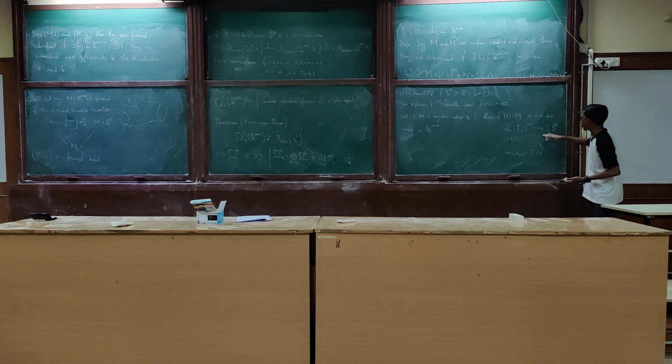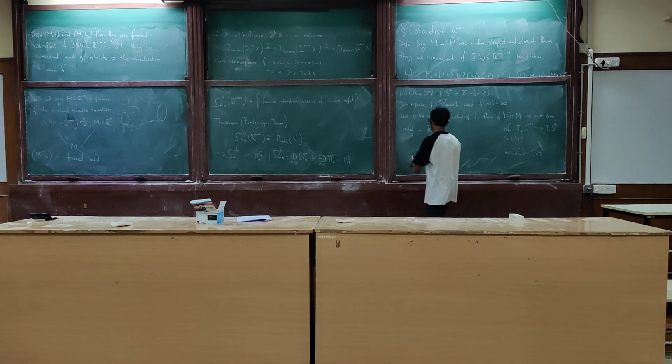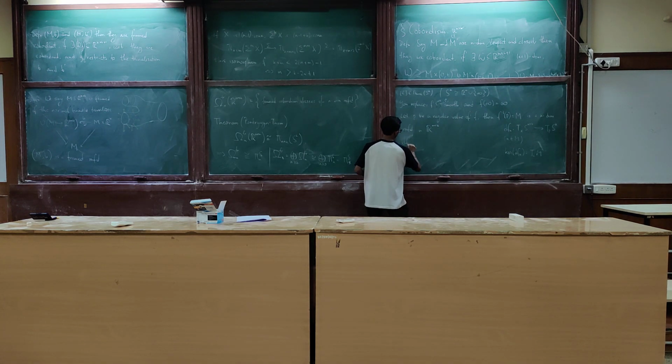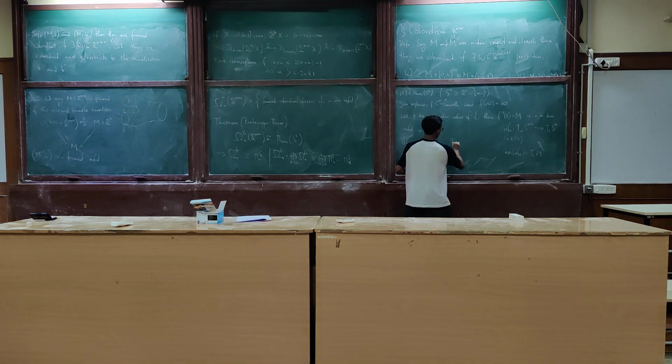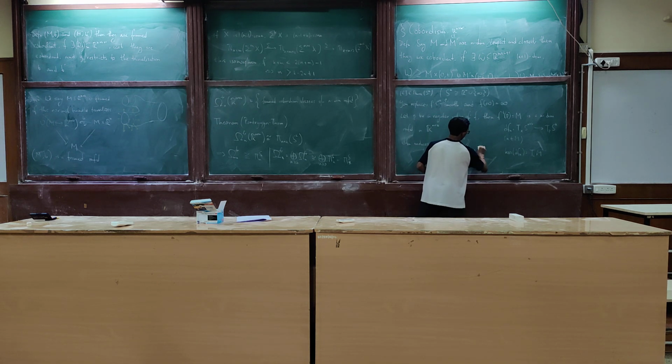Now, this map df_x will induce an isomorphism from T_x(S^{n+k}) modulo T_x(M), the quotient, to T_p(S^k).